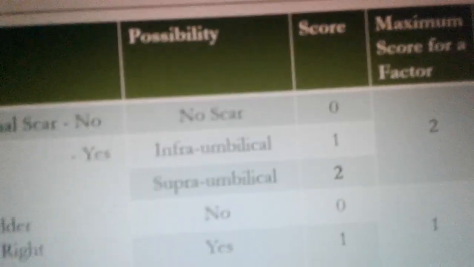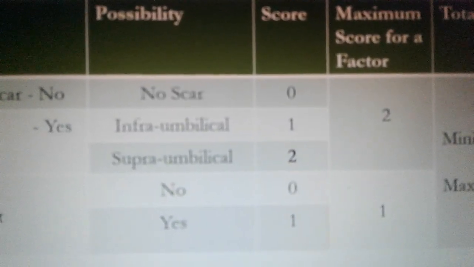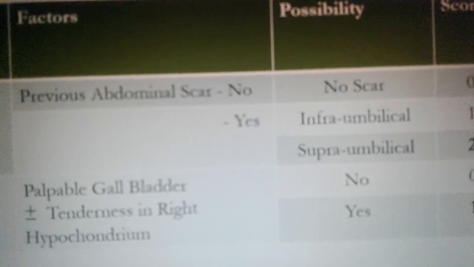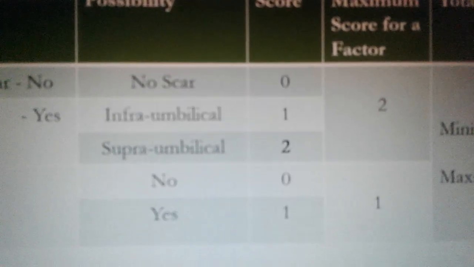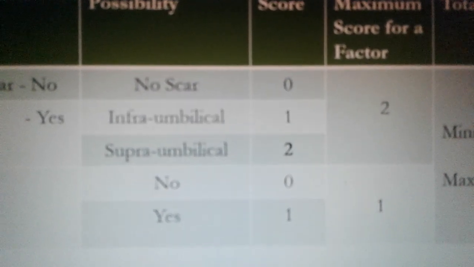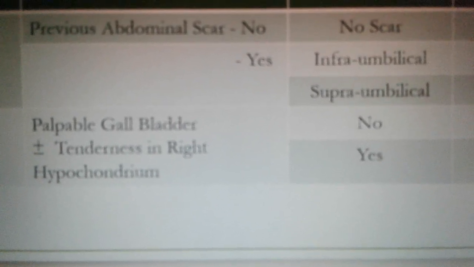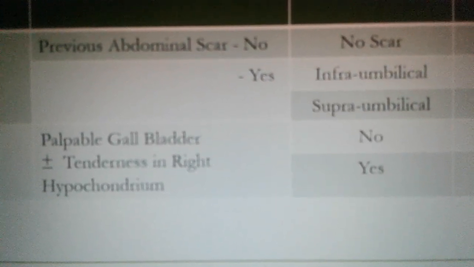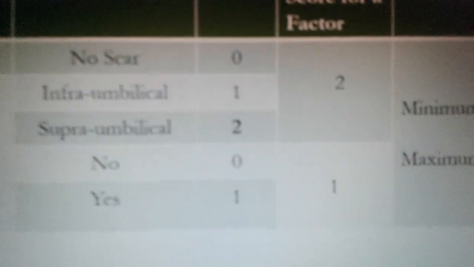Previous abdominal scar, no, means no scar. Score allotted 0. Previous abdominal scar, yes, whether it is infraumbilical or supraumbilical. If infraumbilical, score 1. If supraumbilical, score 2. Maximum score for this factor is 2. Palpable gallbladder plus minus tenderness in right hypochondrium: no, score allotted 0.